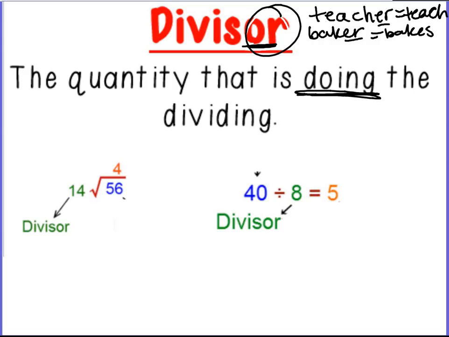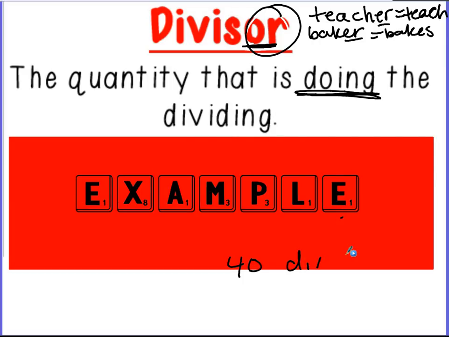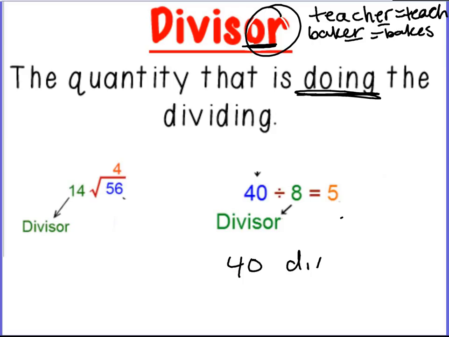So for example, in this case, I have 40 divided by 8. Listen to how that's being said. 40 divided by 8. Okay, so that's saying that 8 is our divisor.